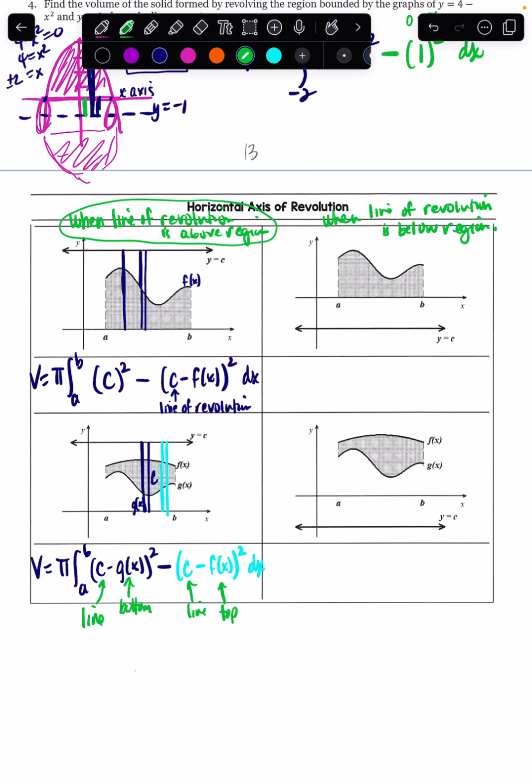This is when the line of revolution is below the region. Looking at this one, you've got to do the whole thing. So volume pi, your integral from A to B. I'm going to call that f of x. So f of x minus the line. If the line is below the x-axis, that's minus a negative, so it ends up being plus.